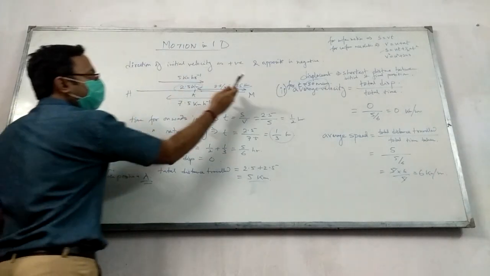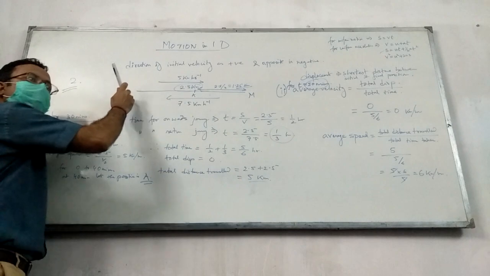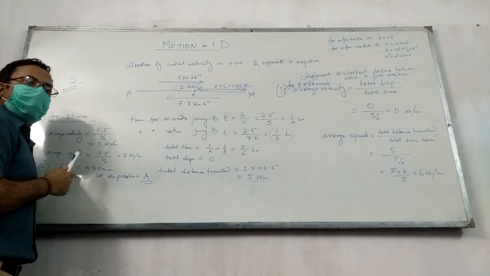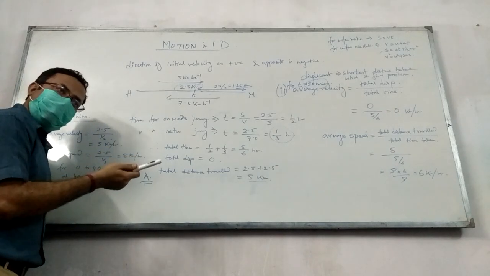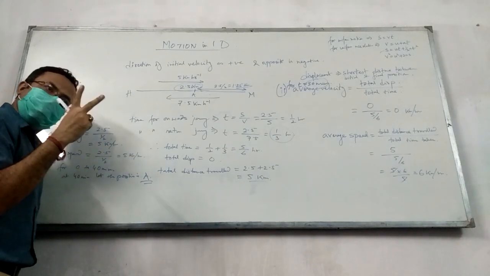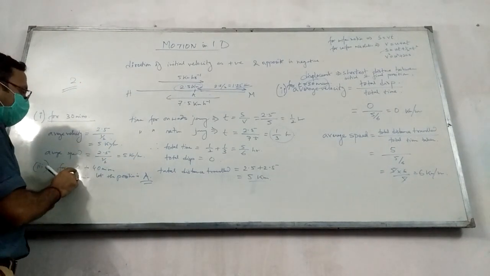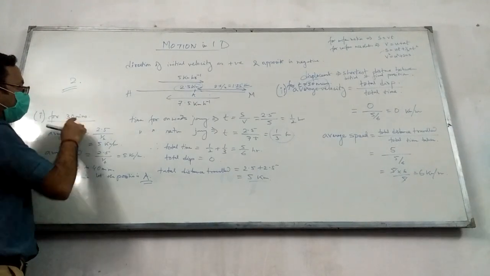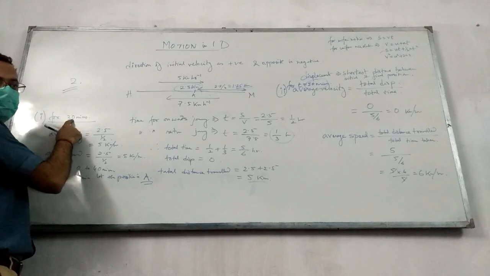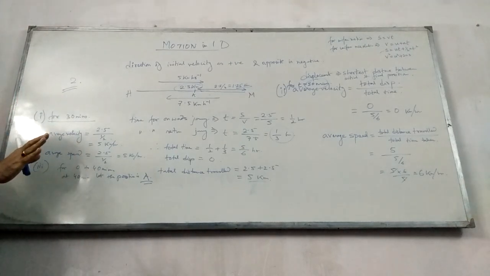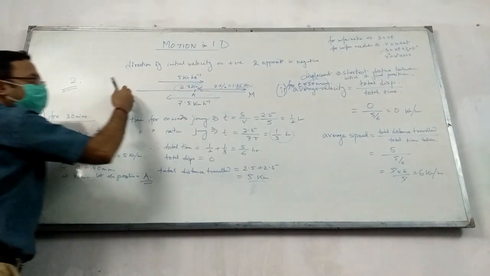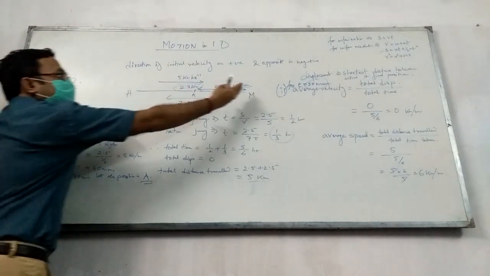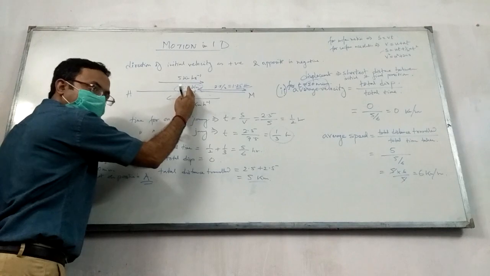So if it started at 30 minutes and returned home at 50 minutes, how much time did it take for returning? 50 minus 30, 20 minutes. But they are asking at 40 minutes where it is. So 40 minutes is how much time ahead of 30 minutes? 10 minutes. Then if the return journey took 20 minutes, at 10 minutes it will be exactly halfway.